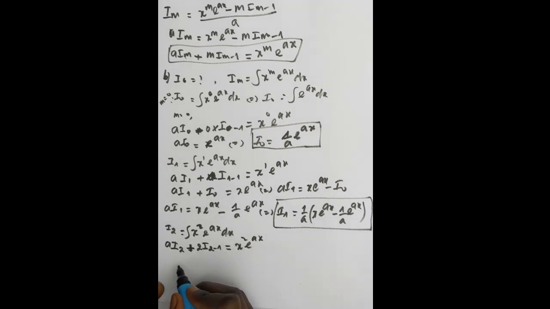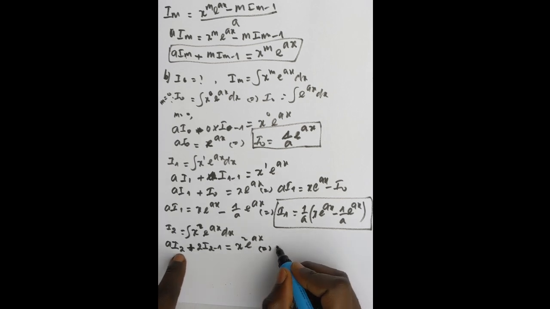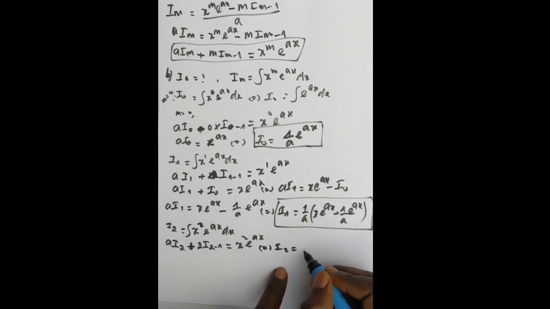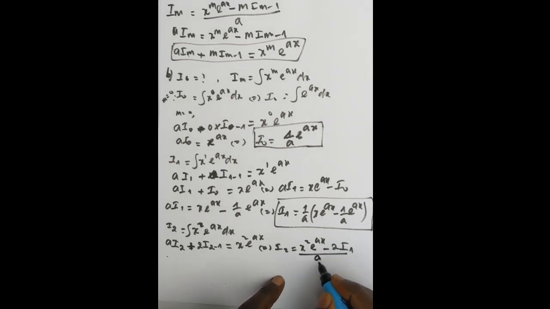So I will find E2, which will be equal to x power 2 e power ax negative 2E1, negative 2E1 divided by a.